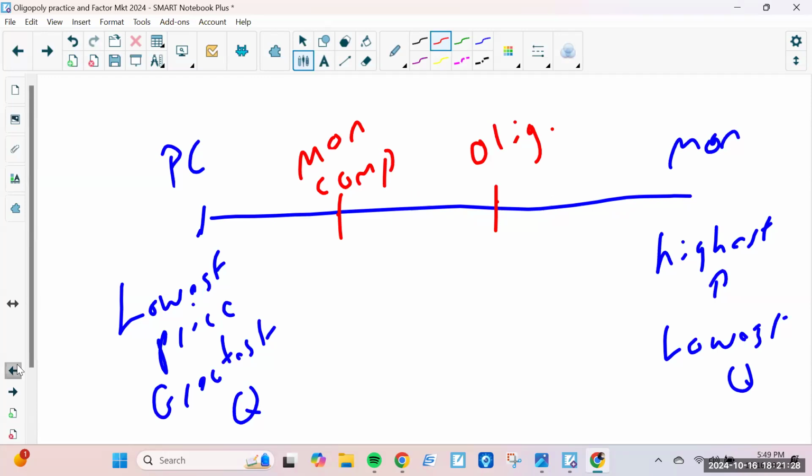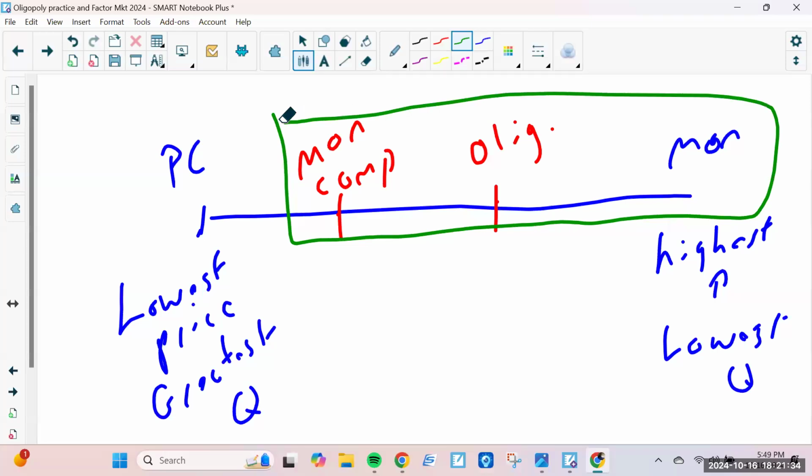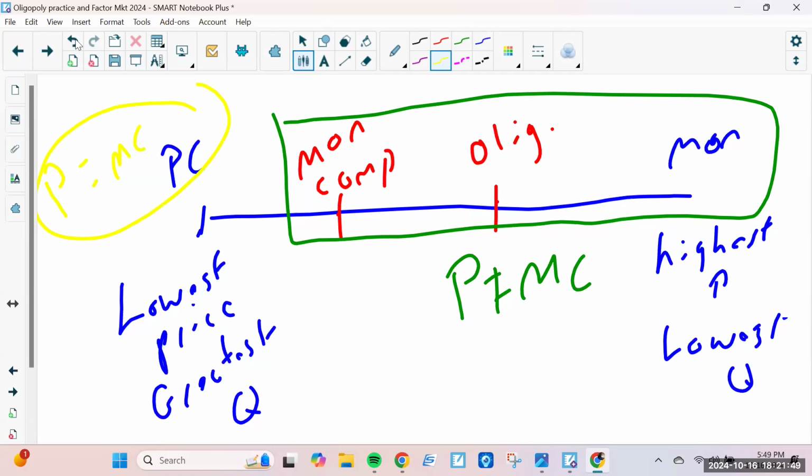If they ever ask a question about this, you need to know that. One thing we definitely know for sure is none of these 3 are allocatively efficient. These 3, price does not equal marginal cost, whereas a perfect competitor is allocatively efficient. So a perfect competitor is price equals marginal cost. So there you go.